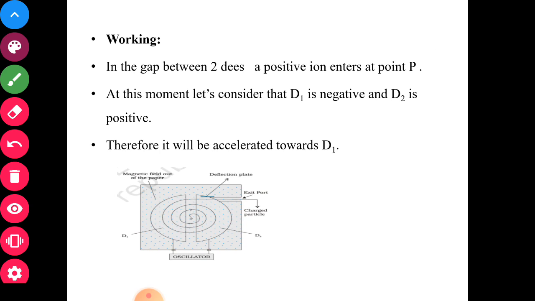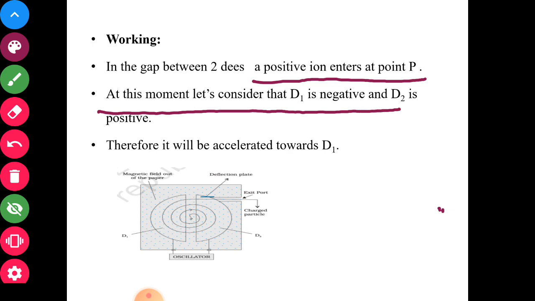Okay, so in the gap between two D's, a positive ion enters at point P. At this moment let us consider that D1 is negative and D2 is positive. This is our assumption. Anyone can be negative or positive, but here first of all we take D1 to be negative. Therefore it will be accelerated towards D1.